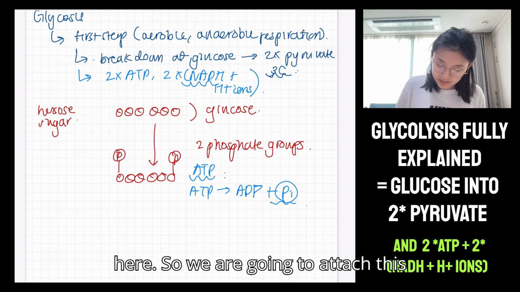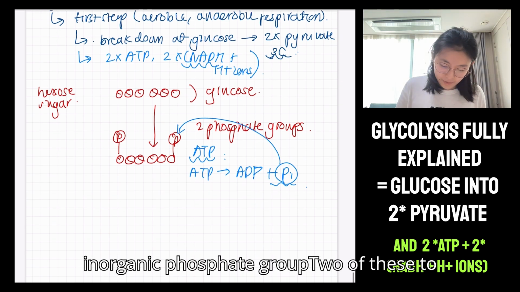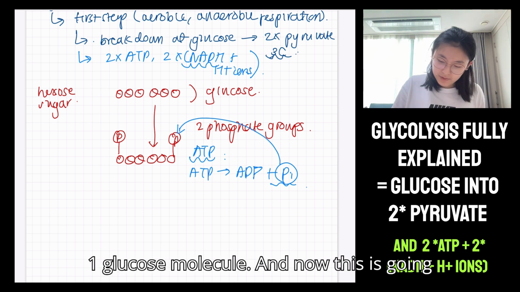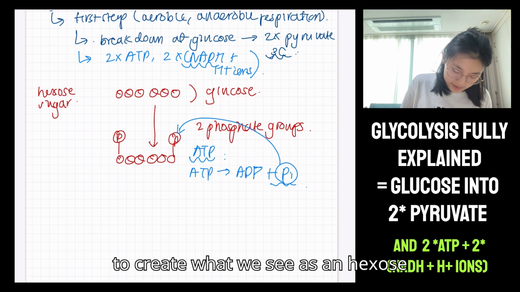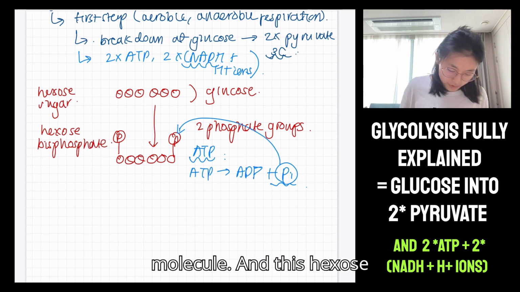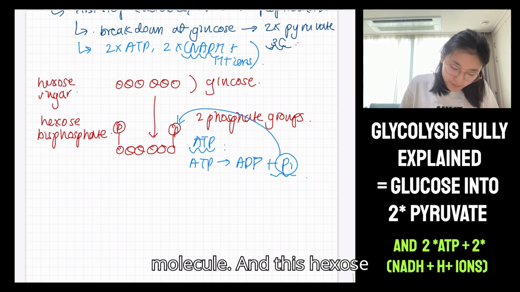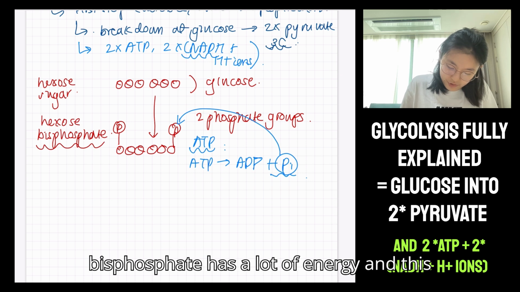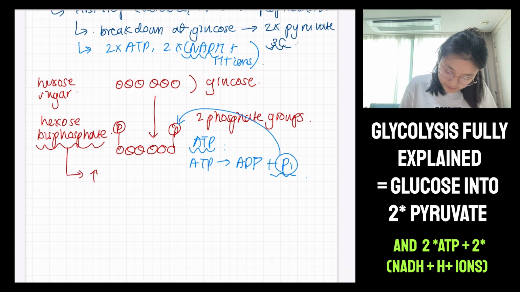So we are going to attach this inorganic phosphate group, 2 of these, to 1 glucose molecule. And now this is going to create what we see as a hexose bisphosphate molecule. This hexose bisphosphate has a lot of energy.